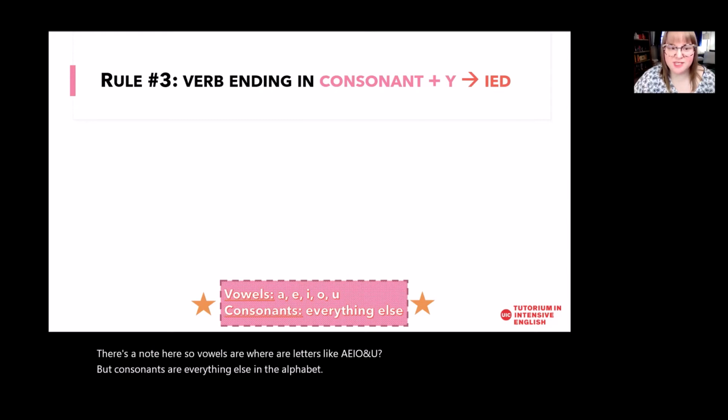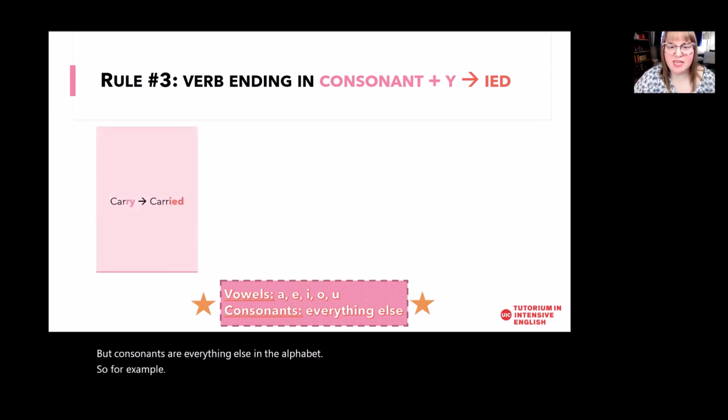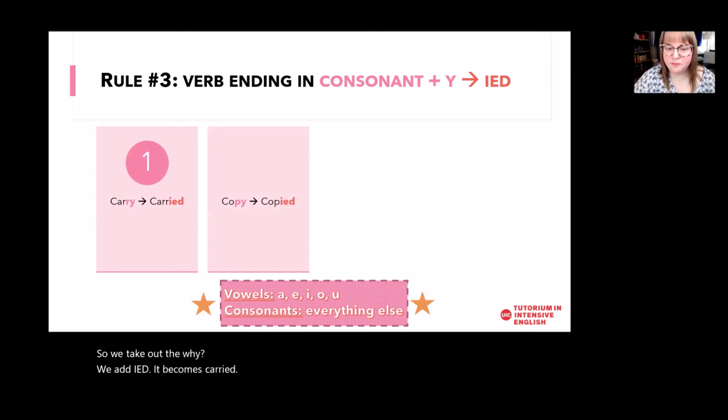So, for example, carry. Okay, so we have to look at the letter before Y, R. R is a consonant. So we take out the Y, we add IED, it becomes carried. Copy.